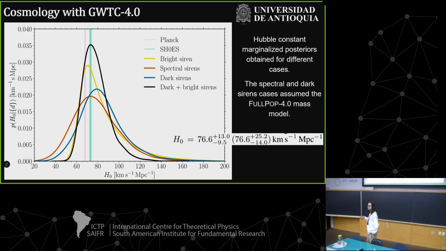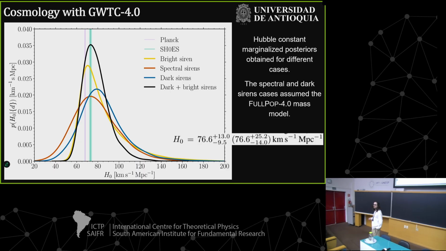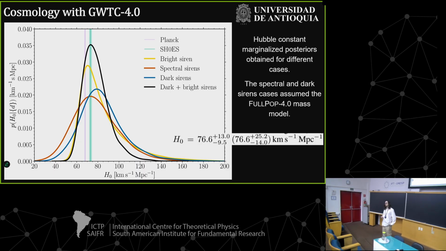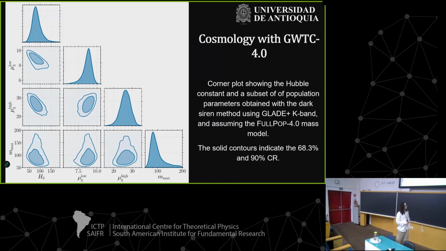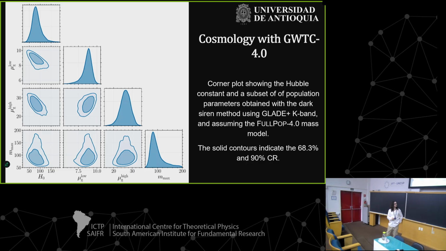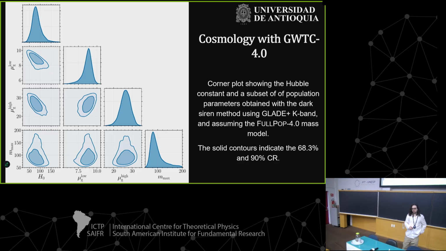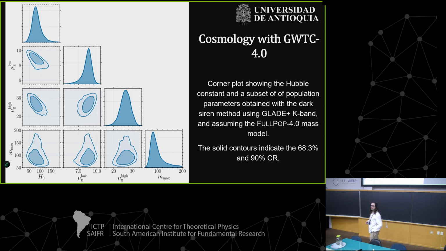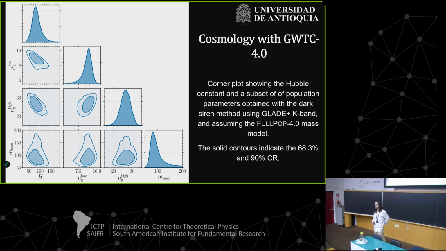If the sky localization is not very good, then the Galaxy catalog information will not help very much. Also, the catalog that you're using here, in the K-band, this GLADE+ catalog, is not very complete. There could be other catalogs in the future that could give us better constraints because they are more complete in other bands, for example.